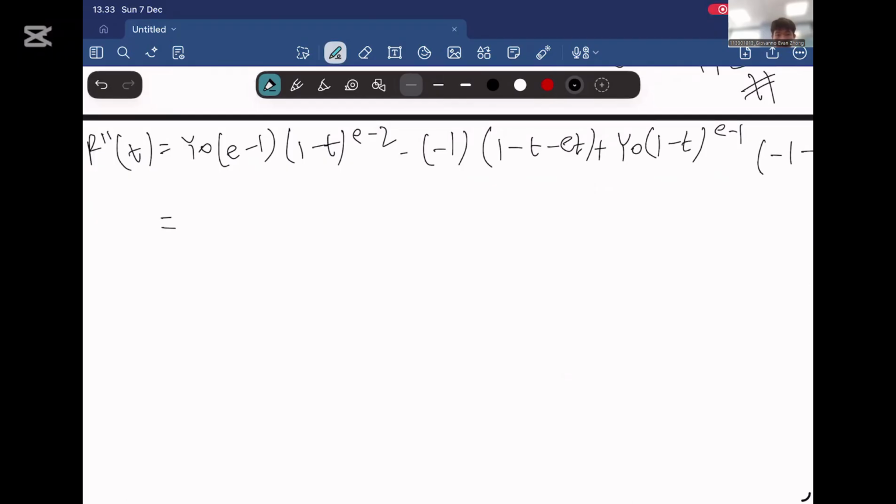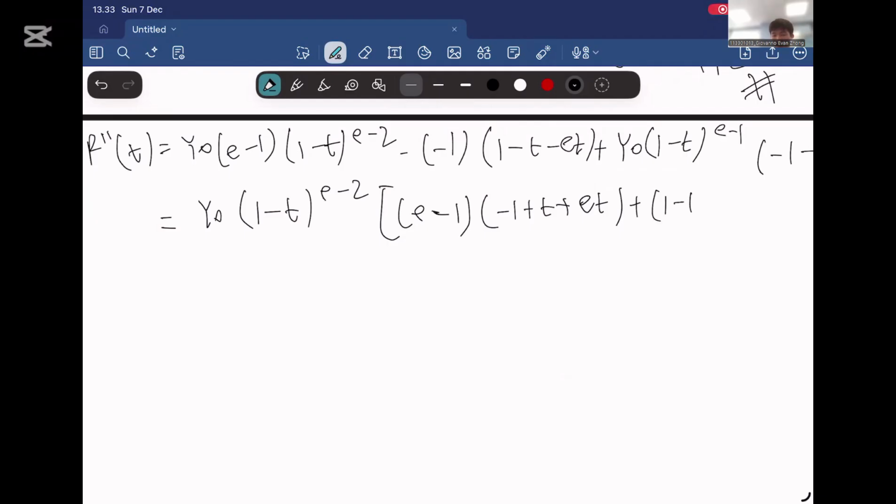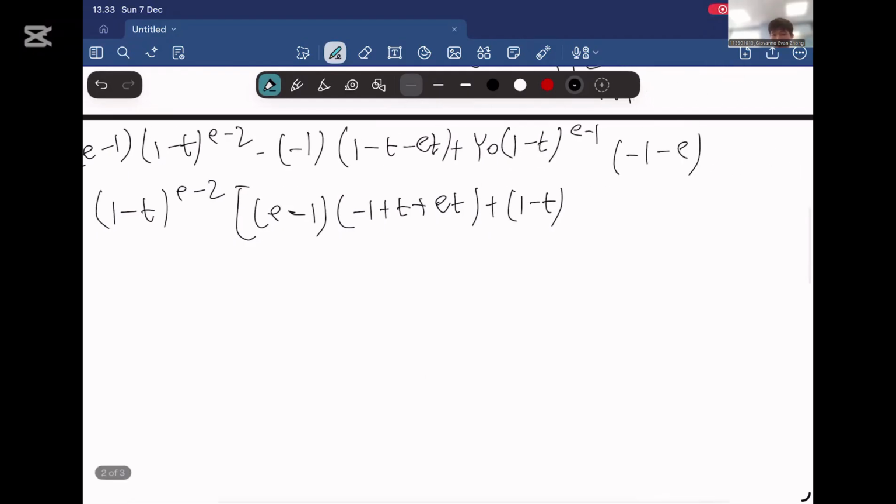Next, Y0 times (1 - T) to the power of E minus 2 times [(E - 1) times (-1 + T + ET) plus (1 - T) times (-1 - E)].